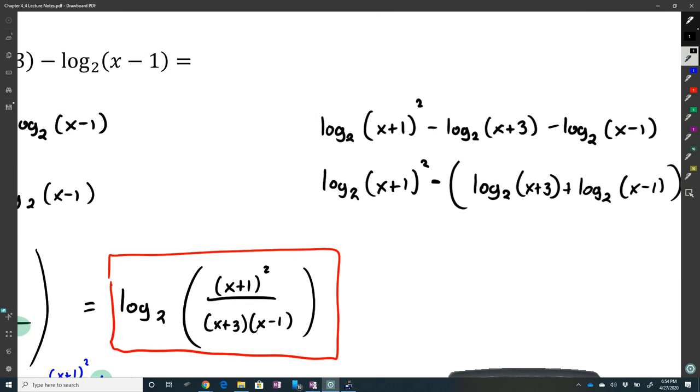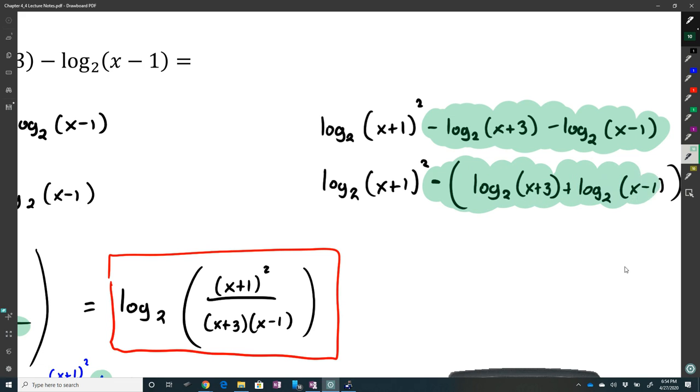I'm trying to zoom in. Okay, so what I did here was these last two terms, they had a minus in common, so I factored the minus out. But now notice these two are separated by addition, so I can combine those together.